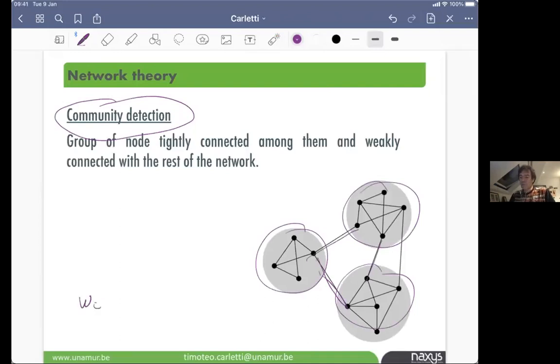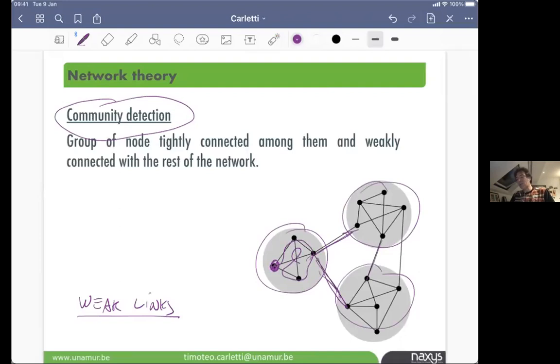Weak links, but they are important, because without weak links the network would disaggregate, it would split into several pieces. But they are weak. So if you're interested in some process running on top of this network, say an infection, if you start with this node which is infected, with high probability the infection spreads among his friends, but with low probability it spreads across these links.